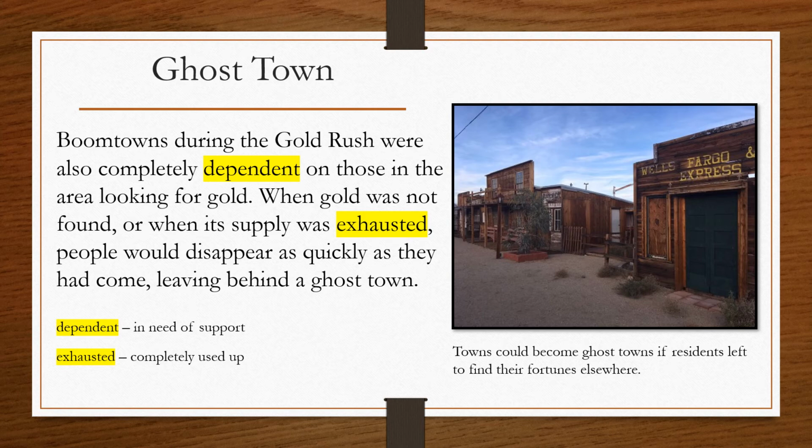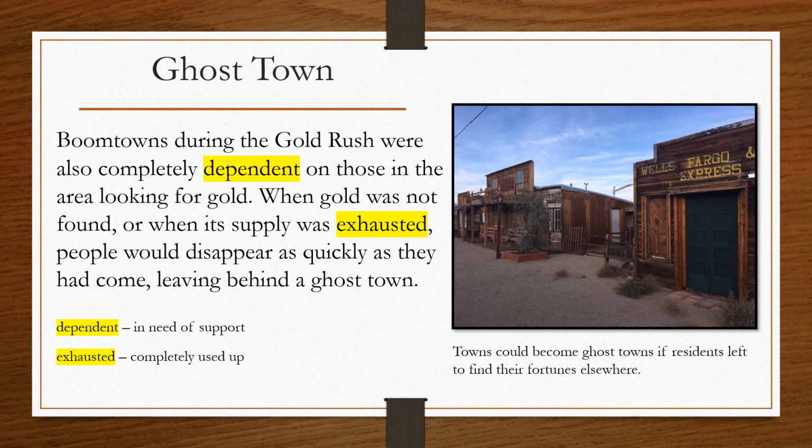So in order for a boomtown or a town to continue to be able to survive on its own, it would need people to spend the money in their businesses. And if there weren't any people to spend the money in their businesses, then they would have to go and look elsewhere to find jobs or open their new businesses.